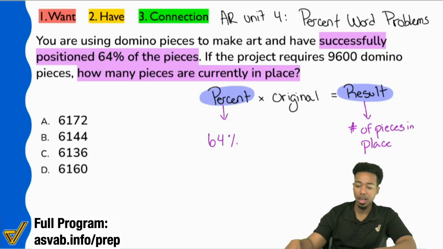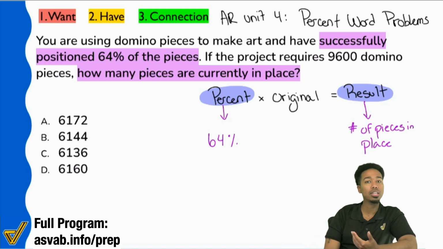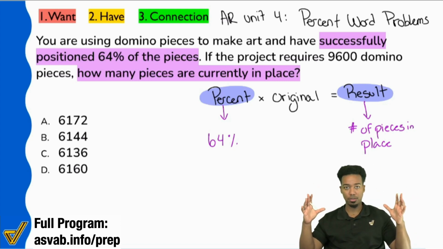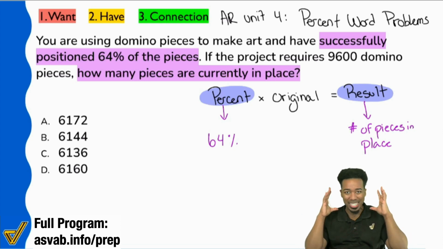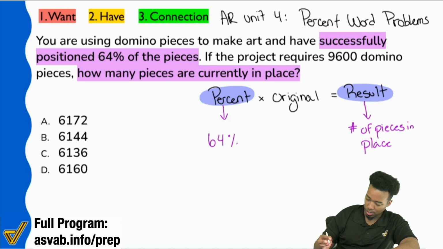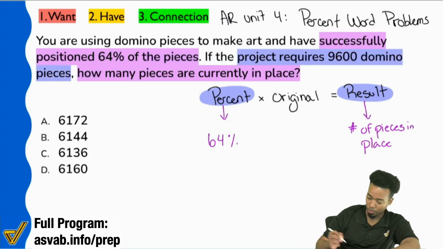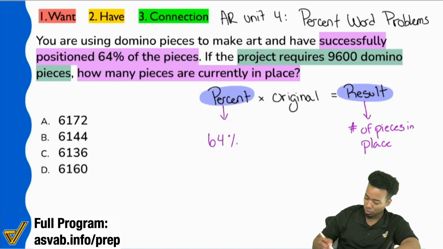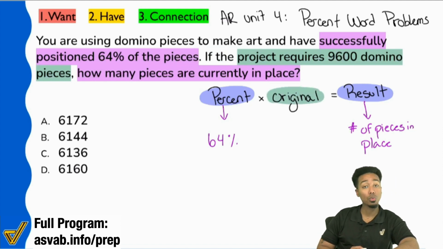So once you have that big key, you're good. So what we're going to have now is just making sure that we're plugging in the right original. And what you plug in for the original is the whole thing, the 100%. What's there from the beginning? What's that beginning total amount? And that's right here. It says the project requires 9,600 domino pieces. That's the original amount.